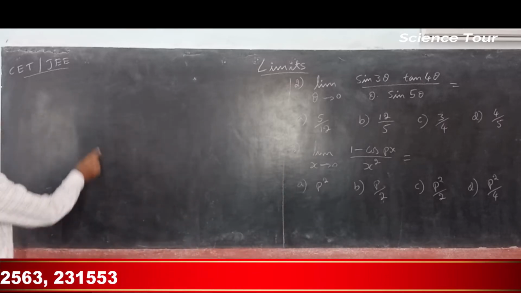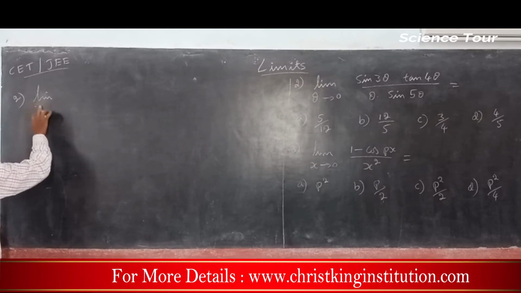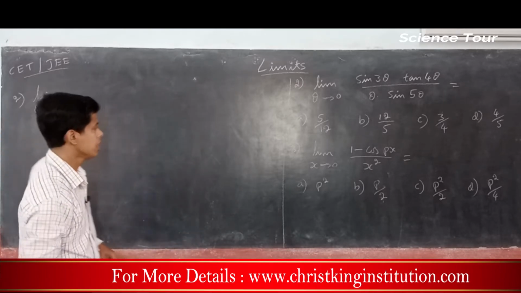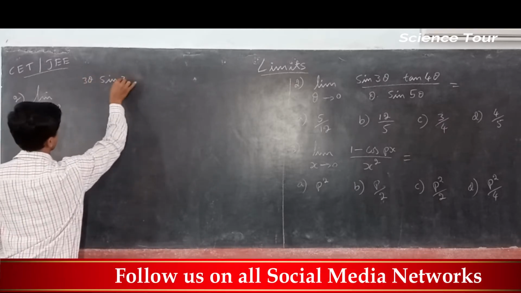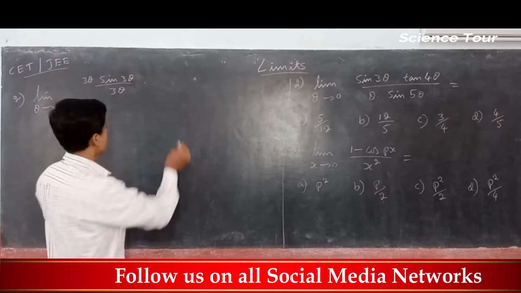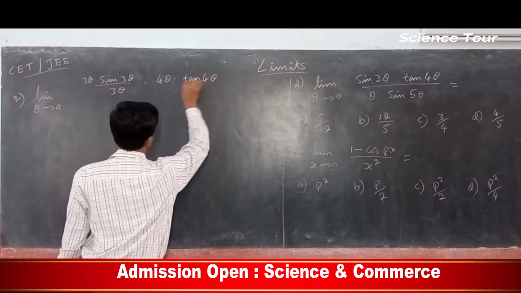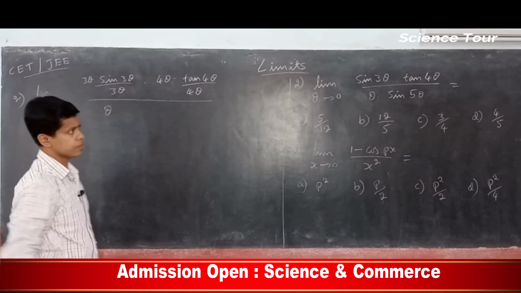Look at the second problem. As I said, let me write this common, and then I will take the limit separately. Now what you must do is multiply 3 theta and divide 3 theta. Similarly, multiply 4 theta and divide 4 theta, and theta is already there.